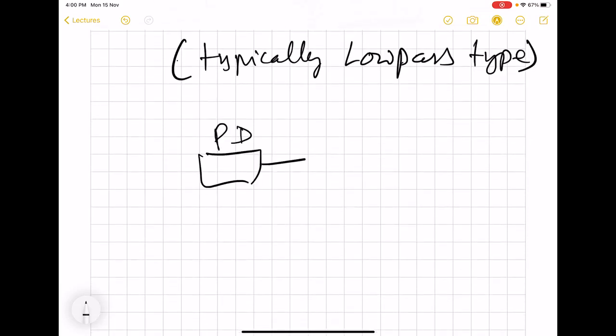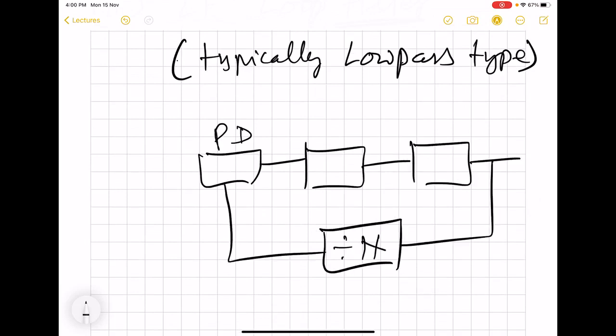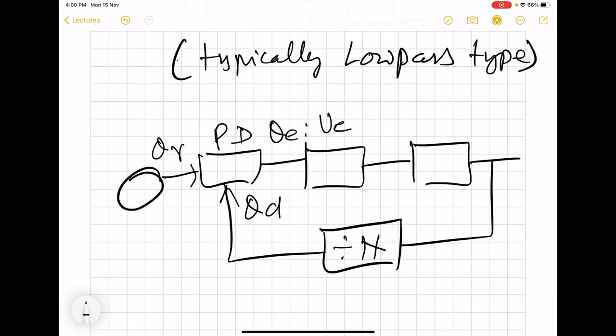What it does is, this PD produces a voltage which changes typically with time, because it is being fed by two signals which will be changing with time. So this theta E will be producing a voltage V, which will be typically varying quite fast with time. So this loop filter tries to basically extract the DC part of this. Later on, we will see why the DC part.